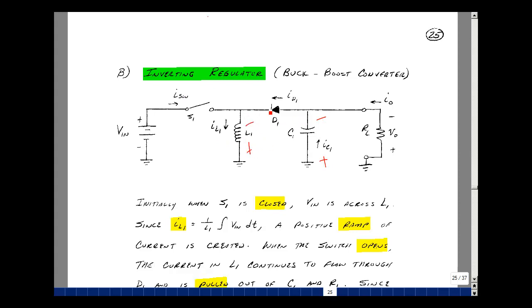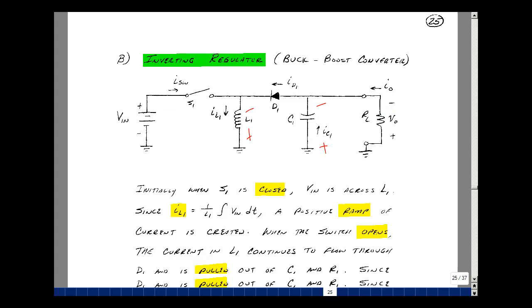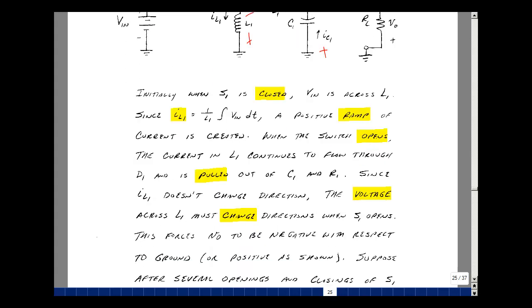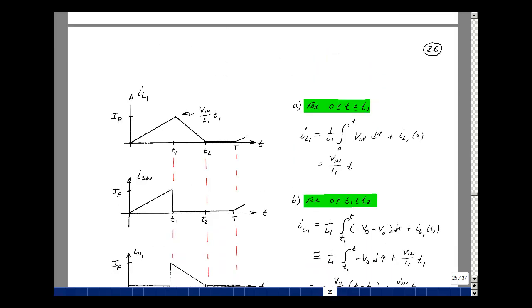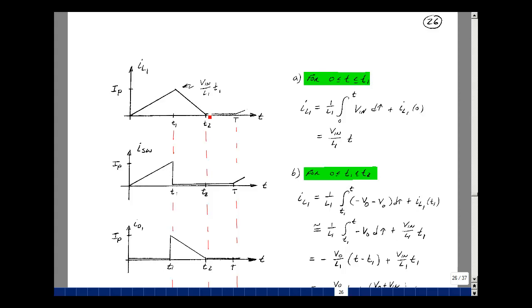We're going to pull that current through the capacitor and through the load. So we'll eventually build up the load to some negative node voltage with some small ripple in it. This is all in words on this page here. Charge up the inductor, discharge it, and then eventually go to 0, and then we'll repeat the cycle again.